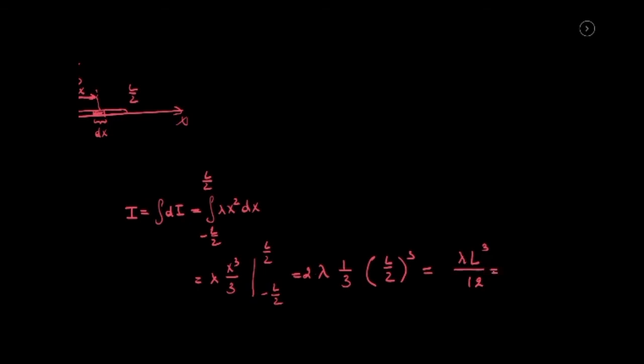I can also write it as lambda L multiplied by L squared divided by 12, and lambda L gives us the mass of the rod. So it's equal to 1/12 m L squared. So I is equal to 1/12 m L squared.